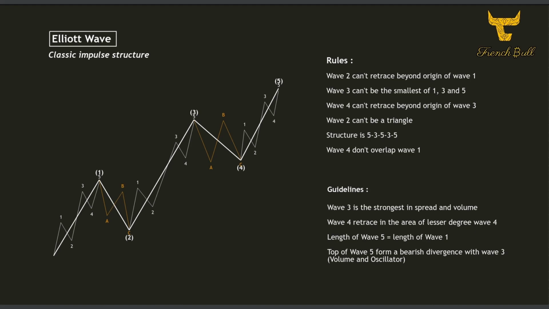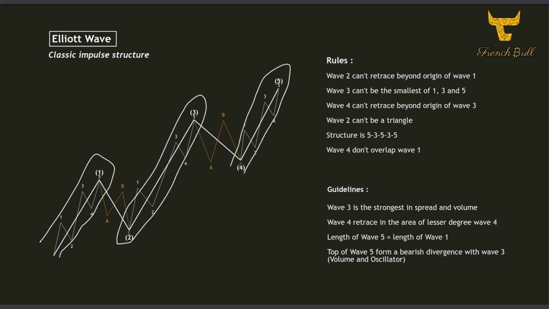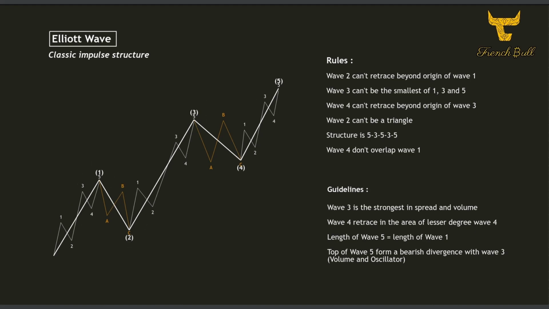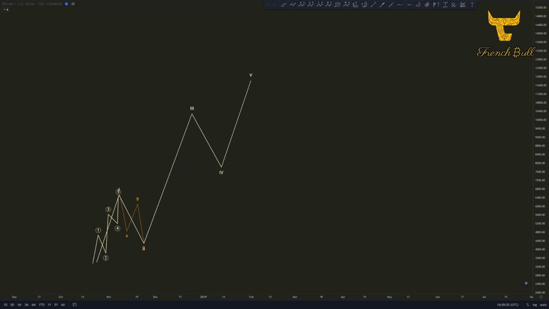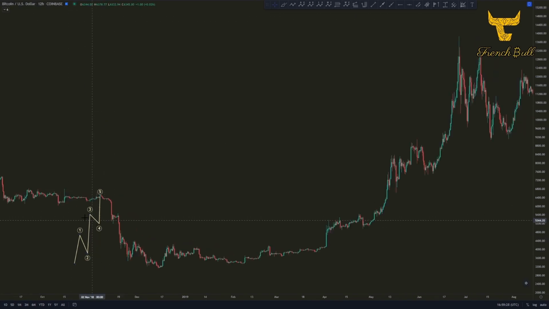Now let's look at the classic one. Classic example in Bitcoin. Okay, and we show the volume.